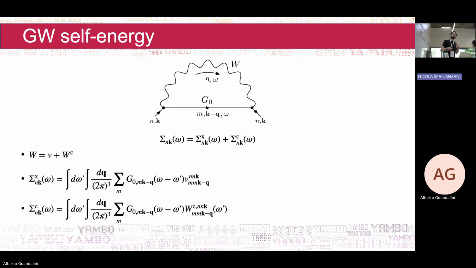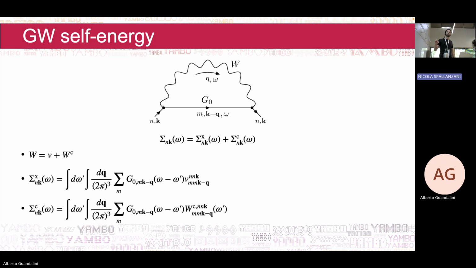Next, it is convenient to split the screened interaction into 2 contributions. The first one is the bare Coulomb interaction, and the second one is the piece of the interaction which is caused by the interaction with all the other electrons.